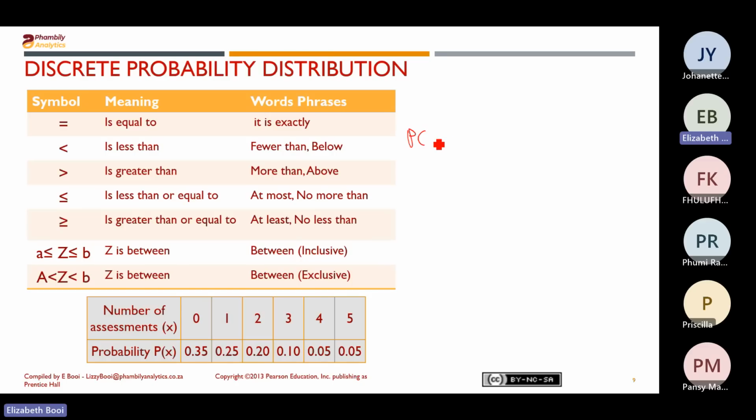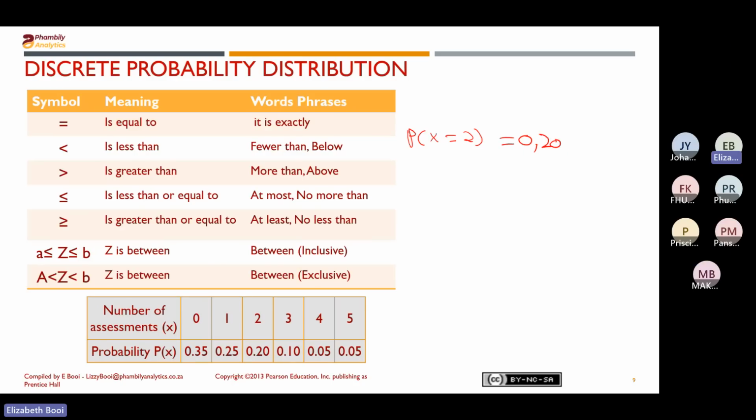The probability that the outcome is exactly 2 is just straightforward, it will just be equal to 0.2. Let's say they want to say it is at least 2. So the probability that a student will write at least 2 will mean greater than or equal to 2. Or we can also say no less than.